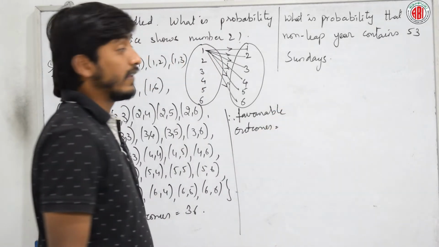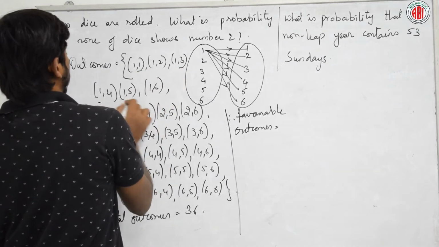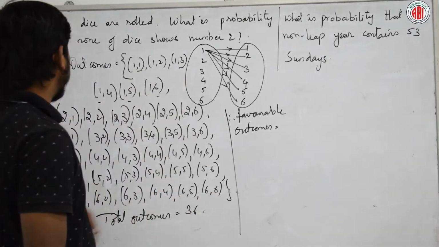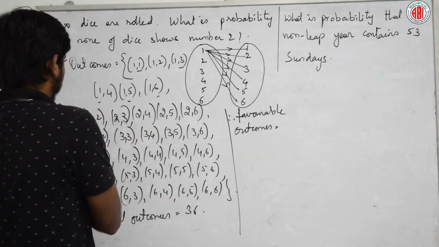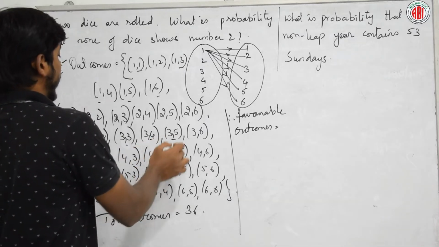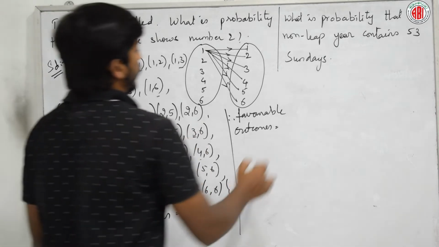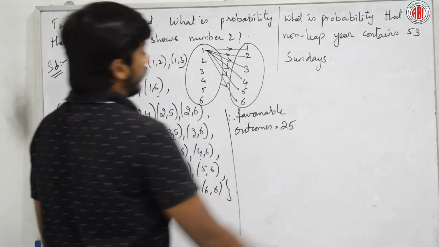How many? Without 2, we have to count them all up to 25.